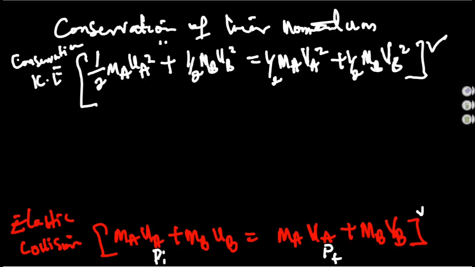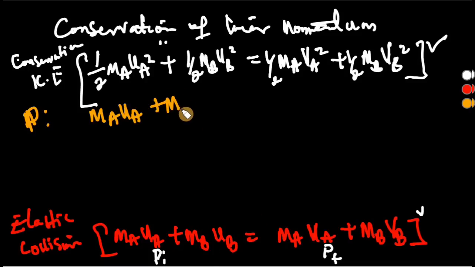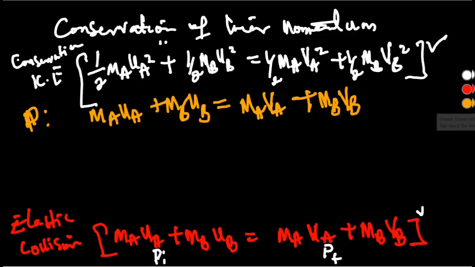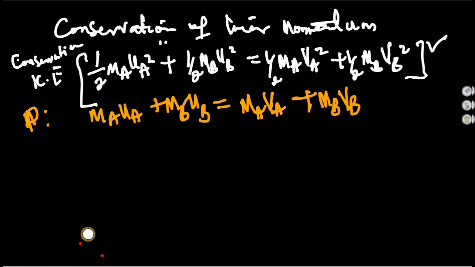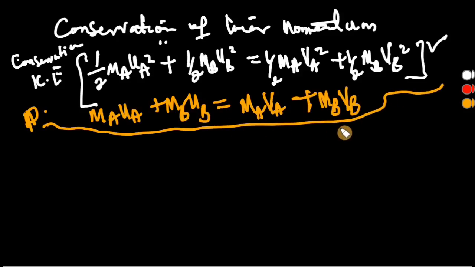For elastic collision, conservation of momentum is ma Ua plus mb Ub equals ma Va plus mb Vb.